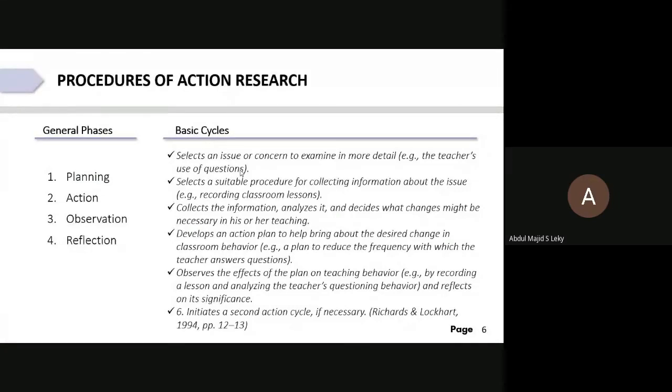The first cycle is, as a teacher, we need to select an issue or concern to examine in more detail. For example, the teacher's use of questions. Sometimes in a classroom, when the teacher asks the students a question, even the easiest question, the students cannot understand or even answer it.